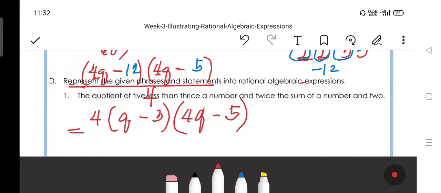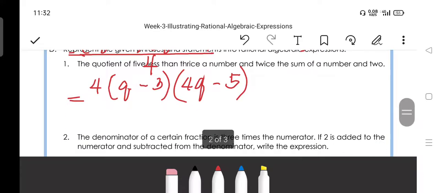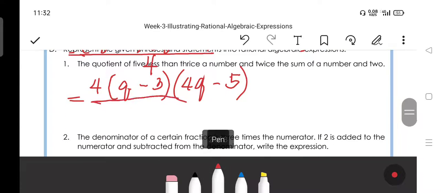Over 4. So our goal here actually is to cancel the denominator, whatever denominator we have. That is why we remove the common factor in the numerator. Since the processes in the numerator are all multiplications, we can do the cancellation method.